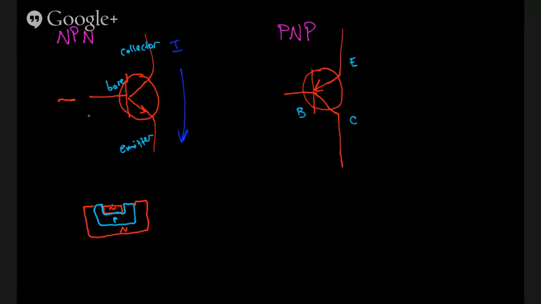And these are all our electrodes here. We've got that, got that, and we've got that. And these correspond to our base, our collector, and our emitter. If I'm not mistaken.